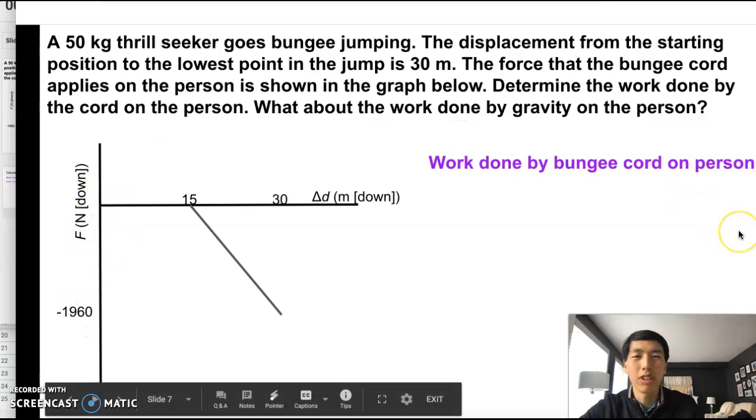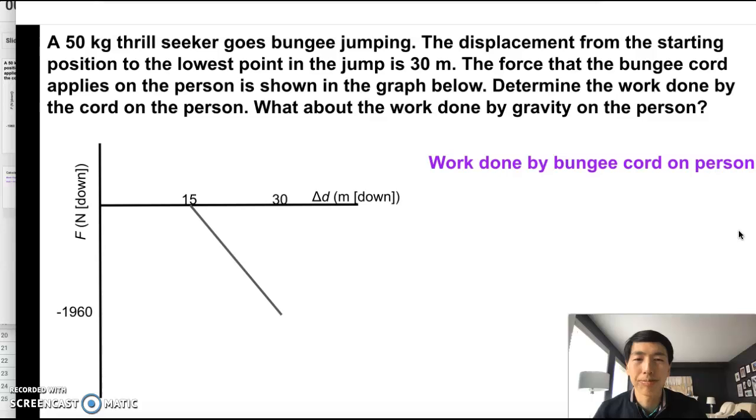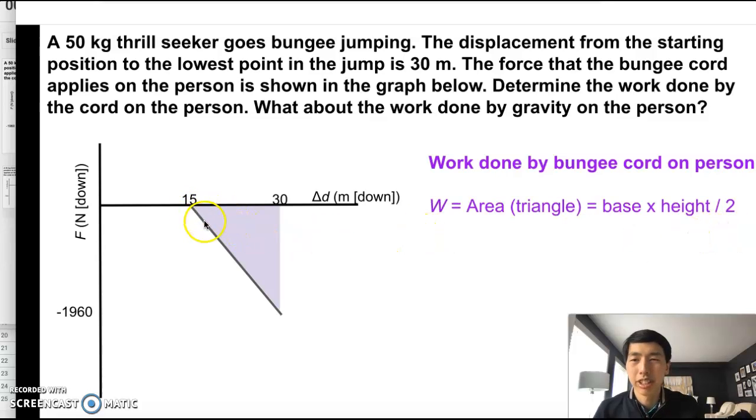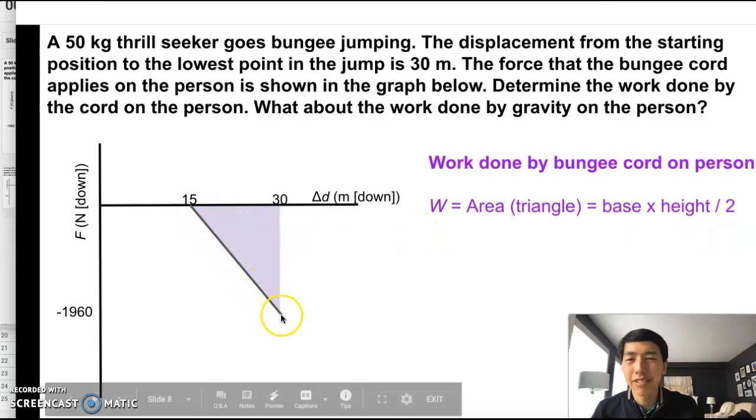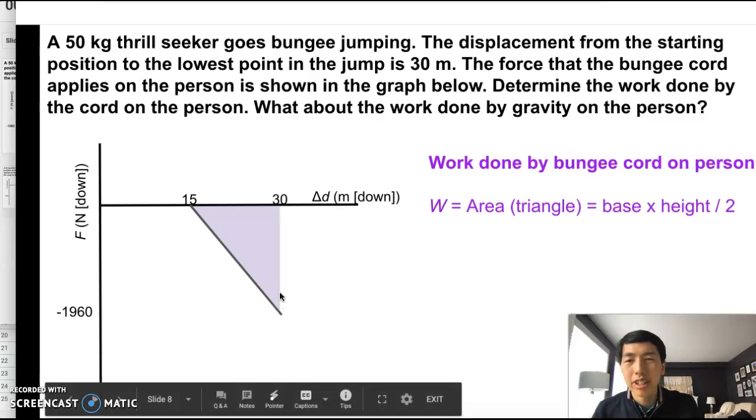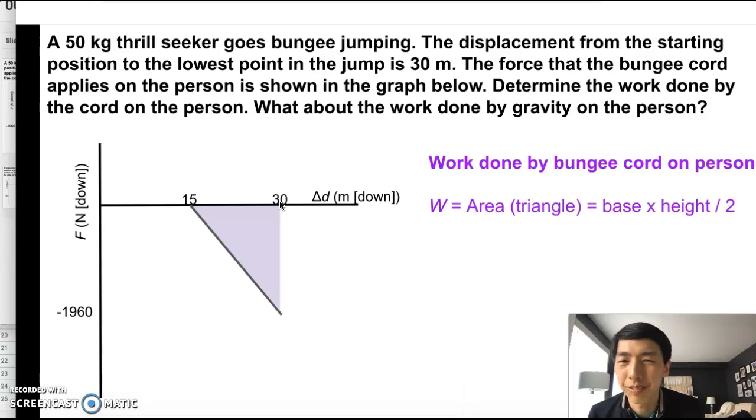All right. So anyways, now I'll calculate the work done using the graph method. So that just means find the area. So what you do is you go to the end of this line and you then draw a perpendicular, a line straight down to the axis, and then you calculate the area of that.